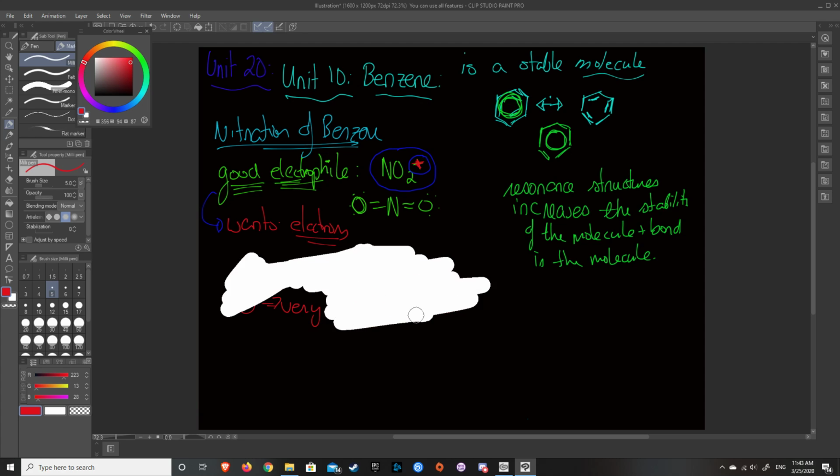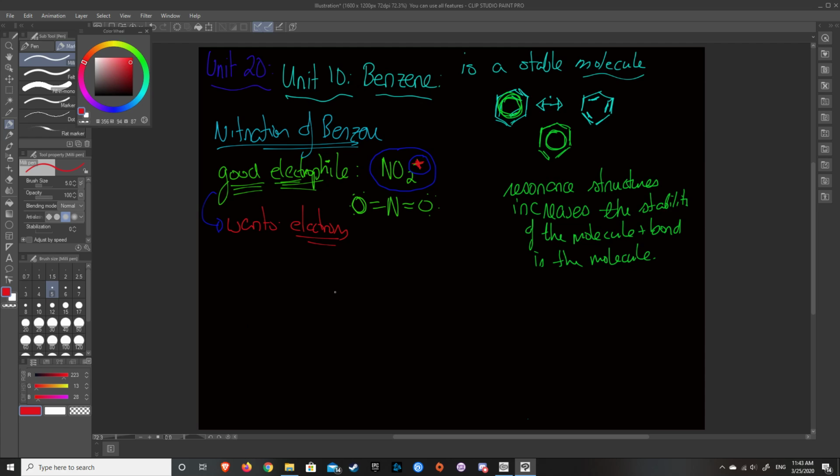So let's go over the reaction for how to form this. In order to form this electrophile, in nitric acid, HNO3, we'll have a small amount of this nitronium ion in it. But we need to increase that concentration because we need to increase the rate of reaction. So how to do that is we take nitric acid, HNO3, and react it with sulfuric acid, H2SO4, in order to form kind of an intermediate.